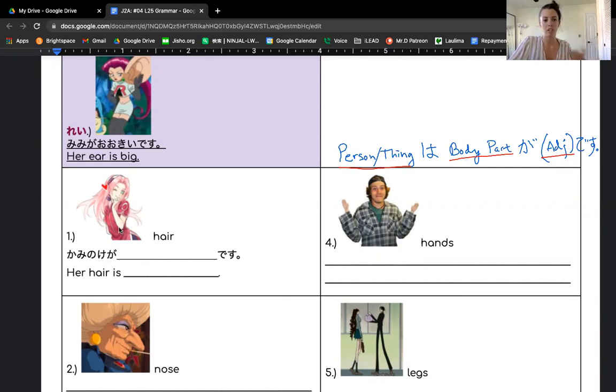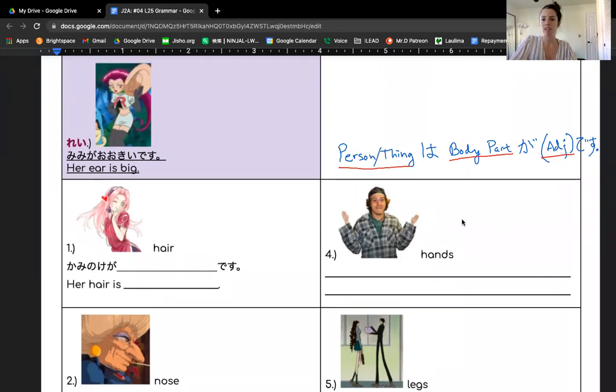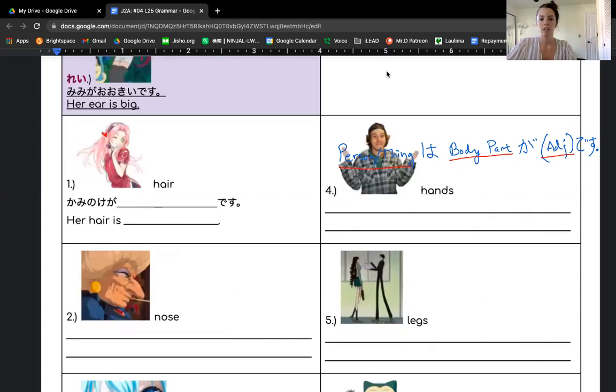Her hair is pink. Got options here. And then for the rest of these, just remember to use this sentence structure. It's also covered in the bunpo section of this lesson section on Brightspace.